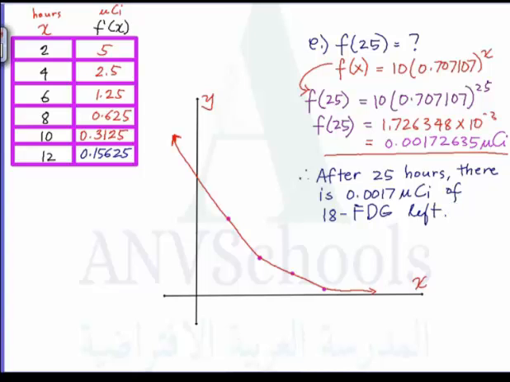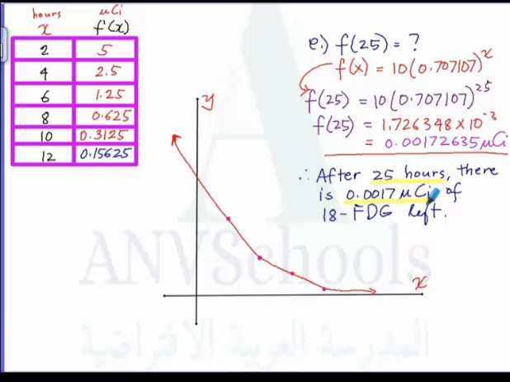So take note that our original is 2 hours, and we have 5 microcuries. And look, after 25 hours, the remaining is just 0.0017 microcurie of 18 FDG.